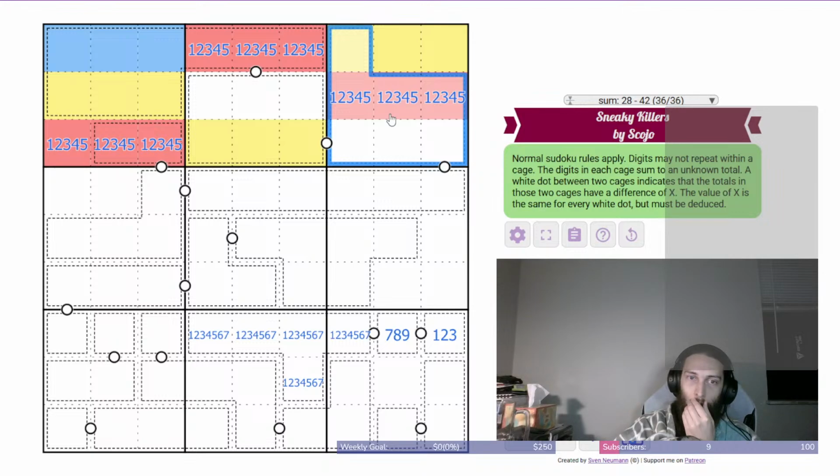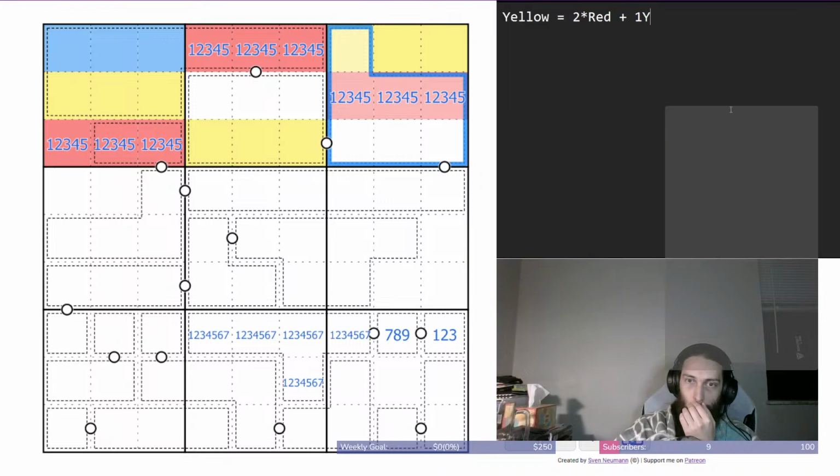So the sum of red would be equal to the sum of the 2 yellow that are on the outside. Is that true? Yes.